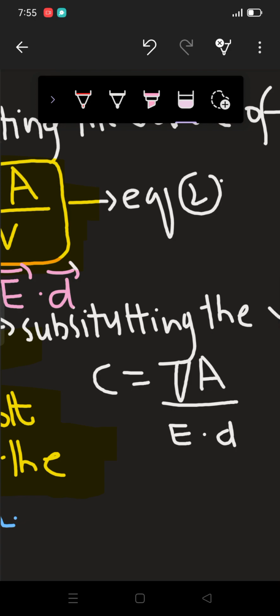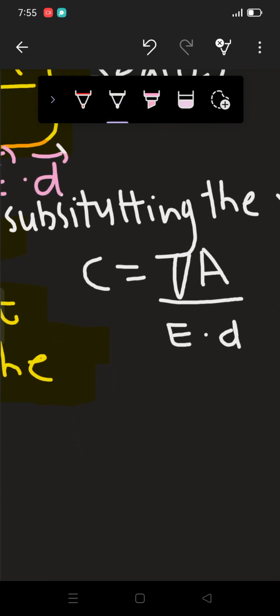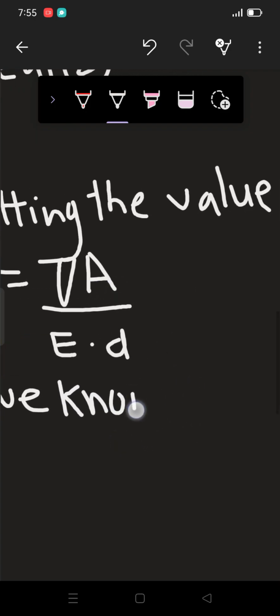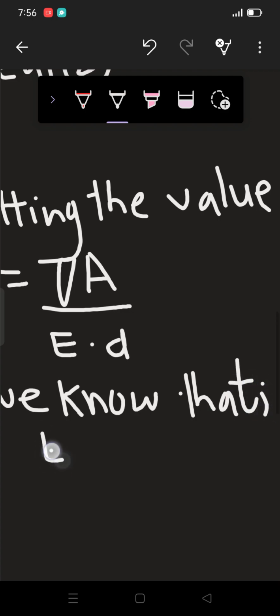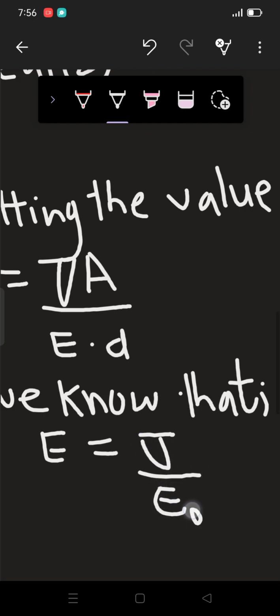So now we also know what the electric field of a parallel plate is equal to. We know that this electric field is equal to sigma per unit epsilon naught, right?